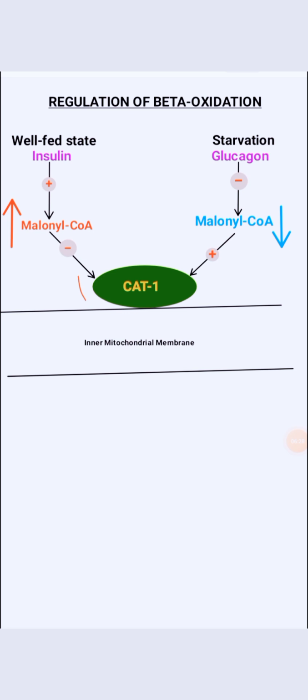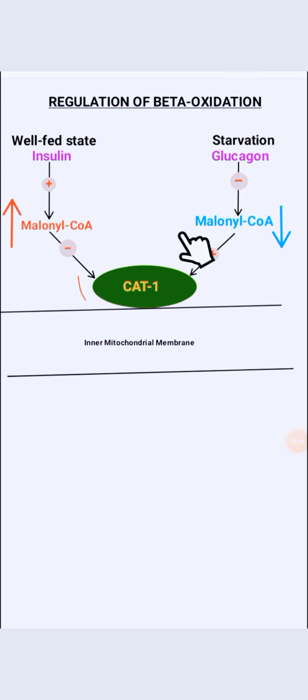So instead of using that acetyl-CoA to make malonyl-CoA, you should use it to make ATP. So glucagon will inhibit the production of malonyl-CoA from acetyl-CoA.